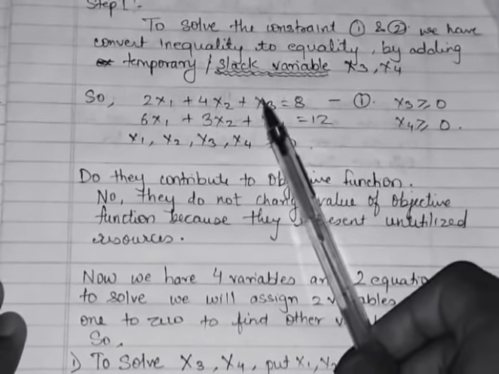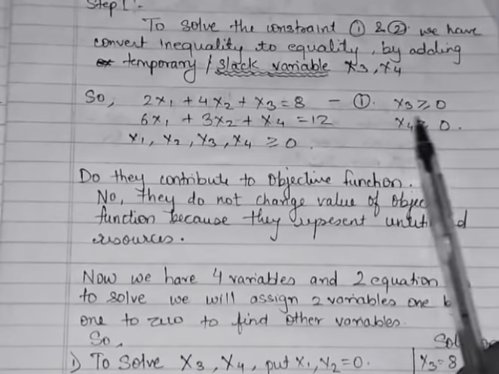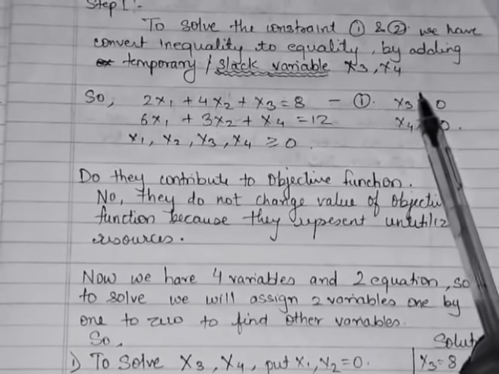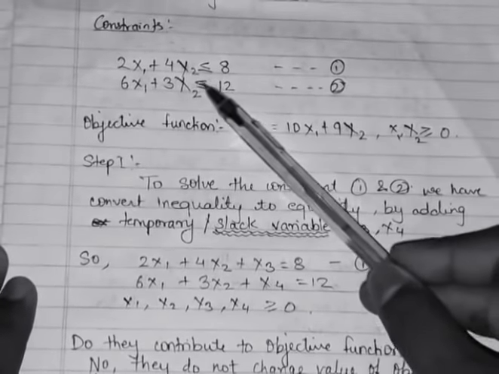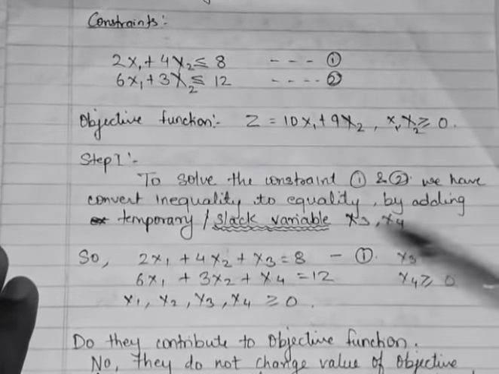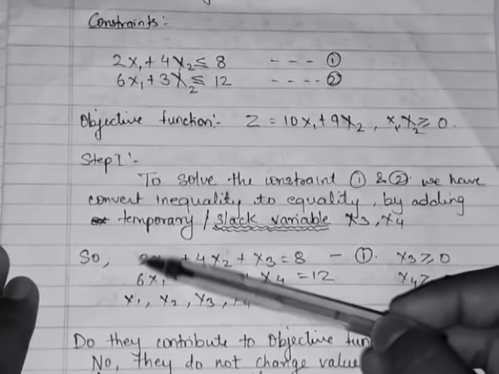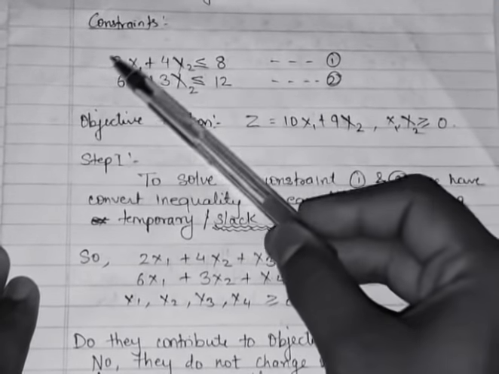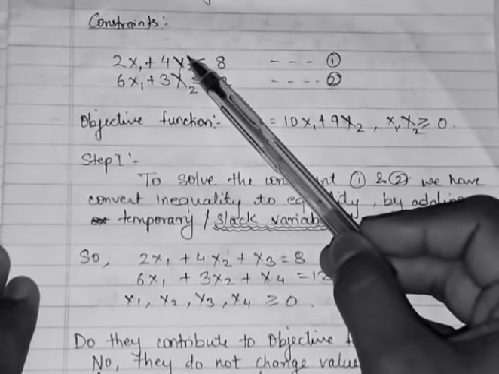Now see, both the slack variables should be greater than or equal to 0. Why? If one is negative, then it will reduce this number, and since this side is more than it, then only by reducing with the help of x3 will this become equal to 8.